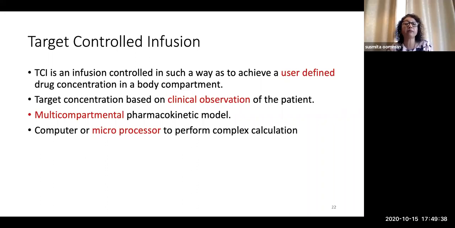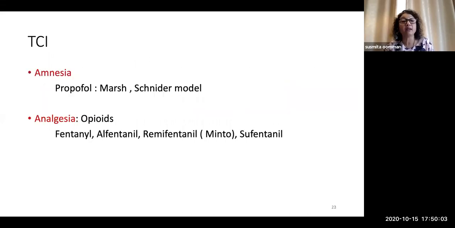So it is very complex. It is a multi-compartmental pharmacokinetic model, because we know that amount of drug is constantly changing. It is getting metabolized or going out by the kidney, so that is why we have to make sure that the level is there. And this is the new thing. This is the target controlled infusion, which keeps our patient asleep at the point where we want them to be.